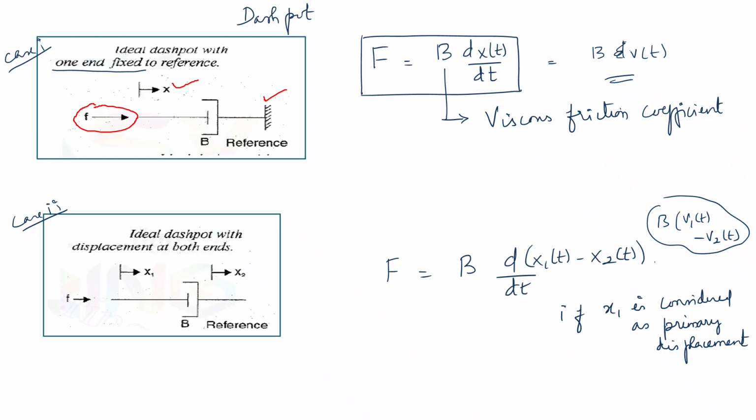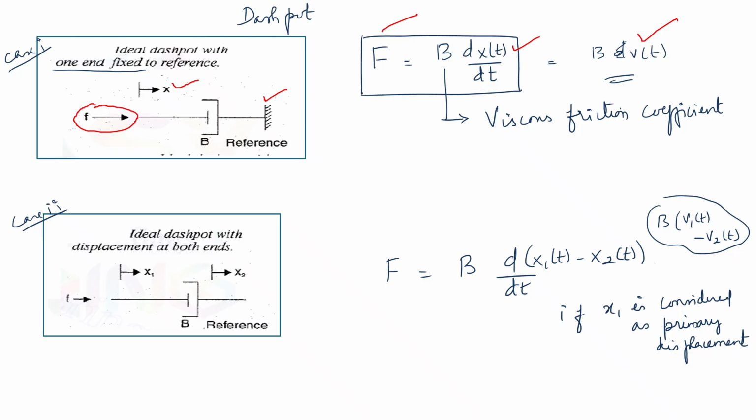The force equation F can be written as F is equal to B, representation of the viscous friction coefficient, into dx of t by dt, or in terms of velocity, B into v of t.